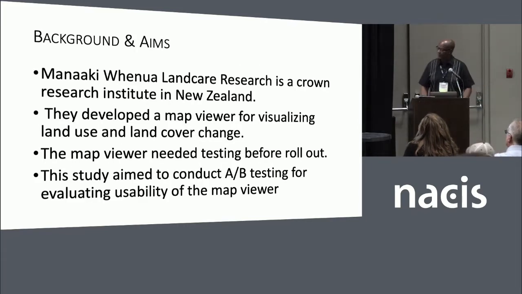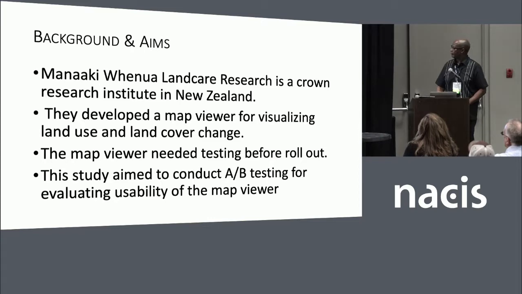Now, the Research Institute in New Zealand, who created this web map, is called the Manaaki Whenua Landcare Research, and they are a Crown Institute who are mandated to investigate the health of the land in all aspects.